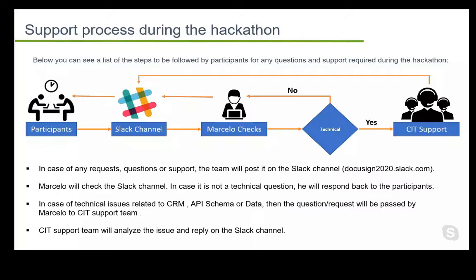And if there's a case that some technical issues are related to CRM or APIs or data or to Dynamics or anything, then I will get this question and send it to our partners from Congruent, and they will analyze the issue and reply back to the Slack channel.